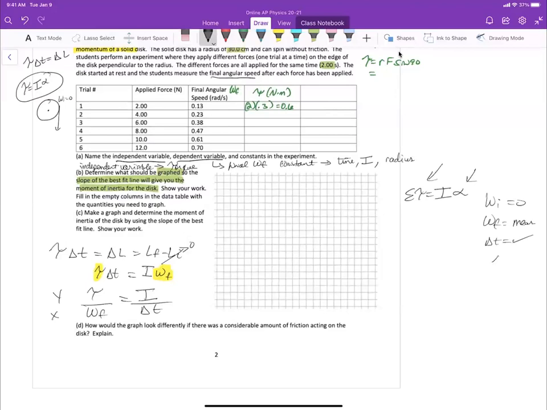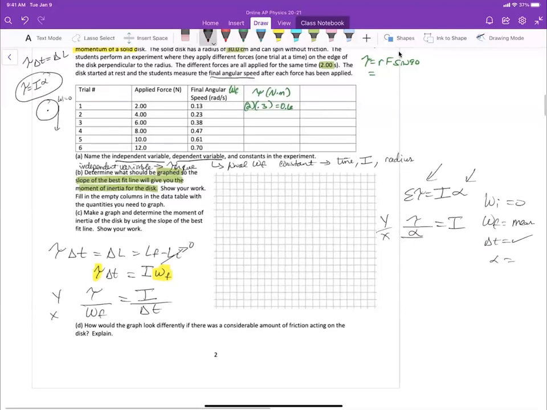So another option is to put torque on the y-axis: torque over alpha equals I. And the slope is directly I over the change in time. Either way.